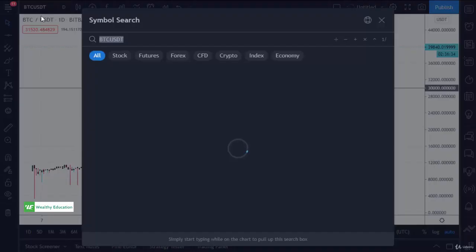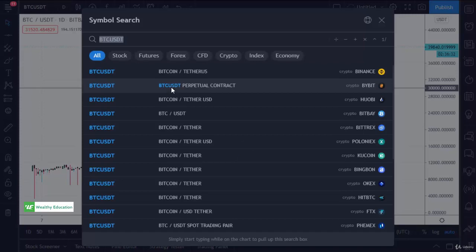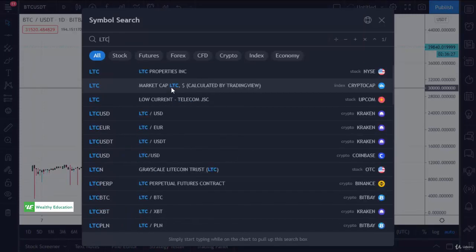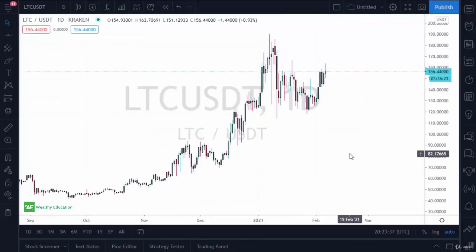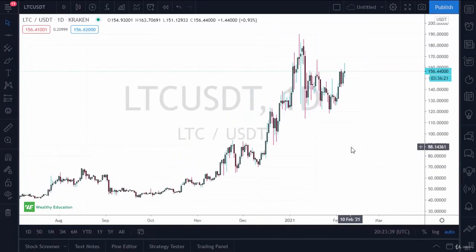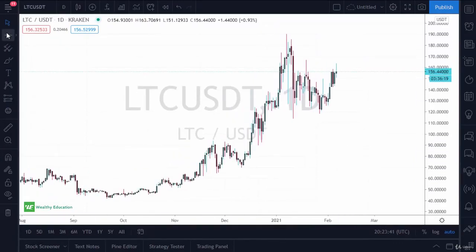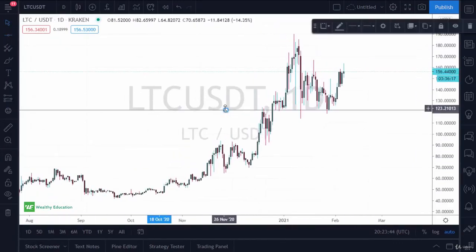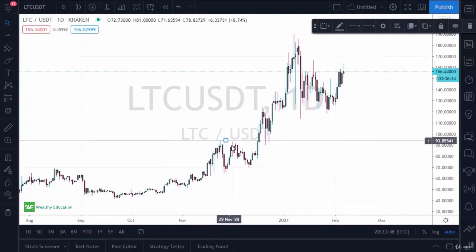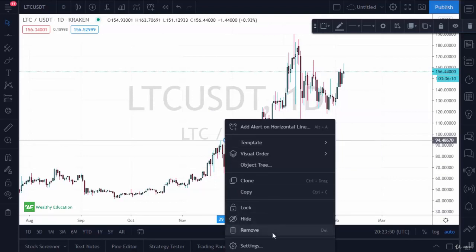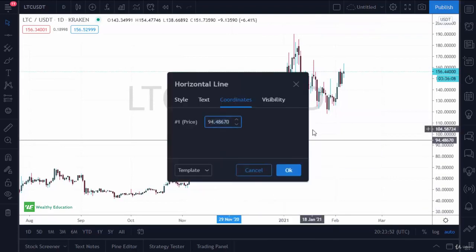So let's go ahead and change over to something else. Let's make it Litecoin Tether. And you can see it's a little bit more of an active chart. And this sets up right here. This is resistance. You can see that we tried to get above it. But I want you to notice something. And I'll go ahead and set the coordinates to 95.